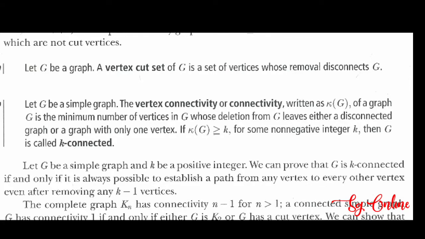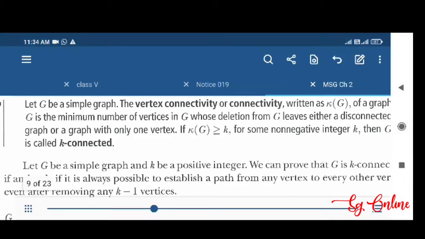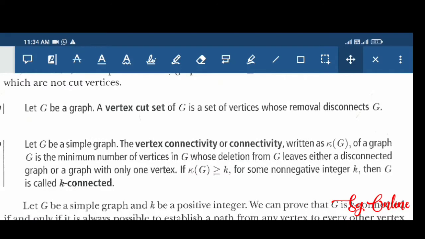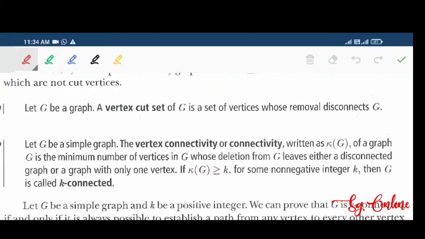Now I explain this with some figures. Suppose you have a graph like this. If we delete some vertex, suppose this one, then we are left with this edge.